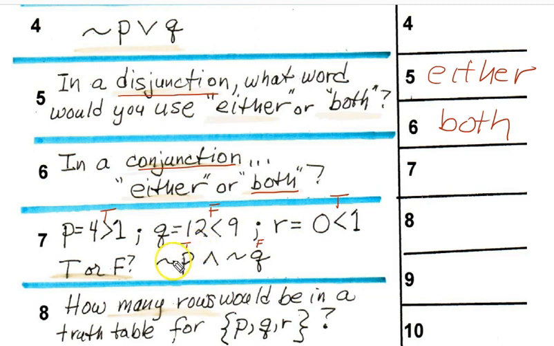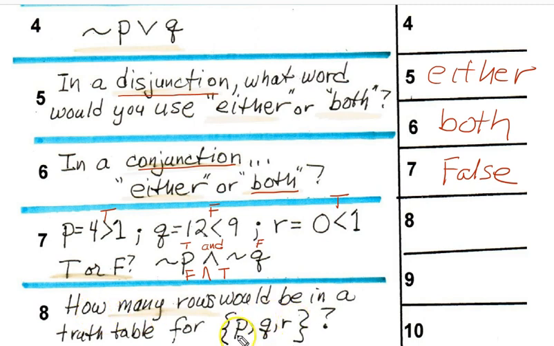We're negating this P. So this will become a false. But the key is this is an AND statement. So our Q we're negating is going to become true. But in our truth chart, for a conjunction, the AND, both must be true. One is false. Therefore, this is false.